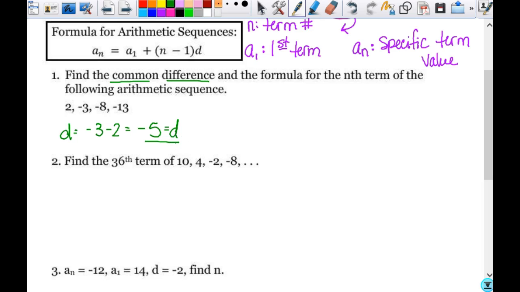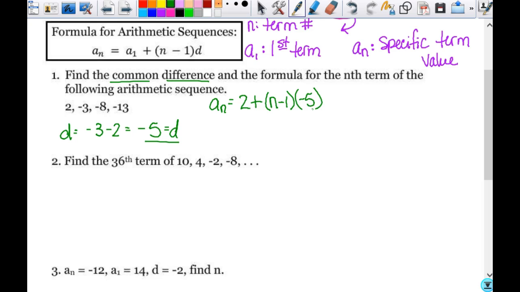And then it says find the nth term. So now I substitute all that stuff into here. A sub n is equal to, what is a sub 1? 2 plus n minus 1. So it says the nth term, so n is what I'm using here. N minus 1 times d, which is -5.